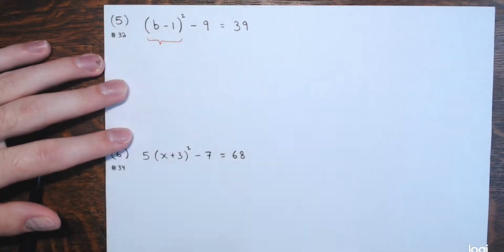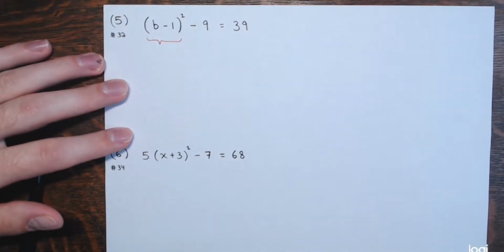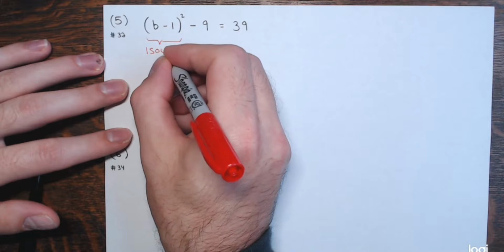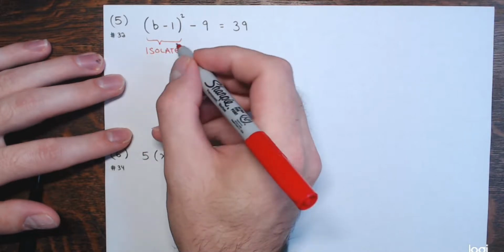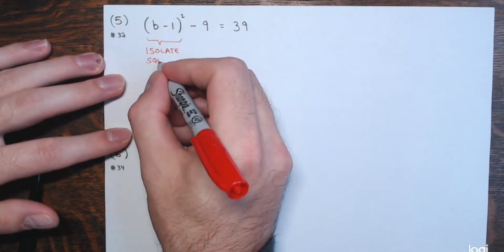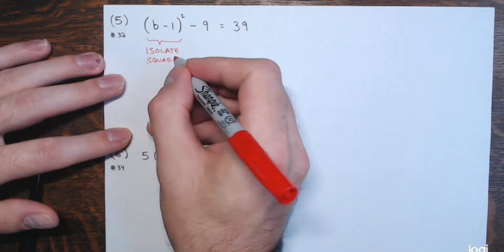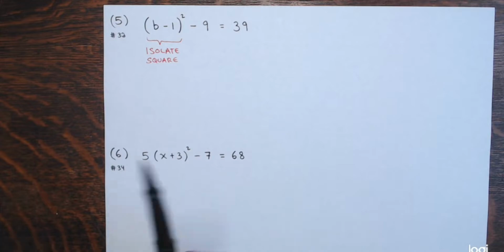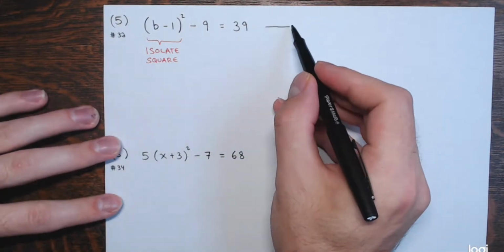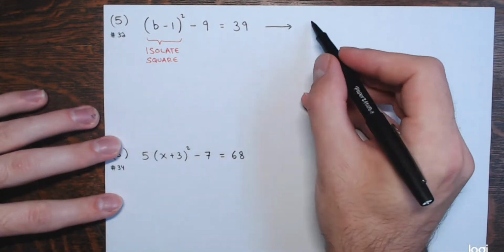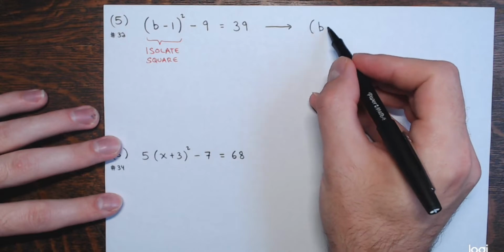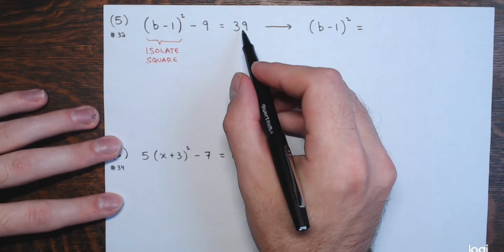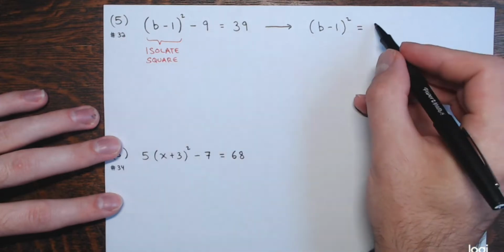Isolate the square. That just involves adding 9 to both sides. So on the left side, the quantity b minus 1 squared, and then 39 plus 9 would be 48.